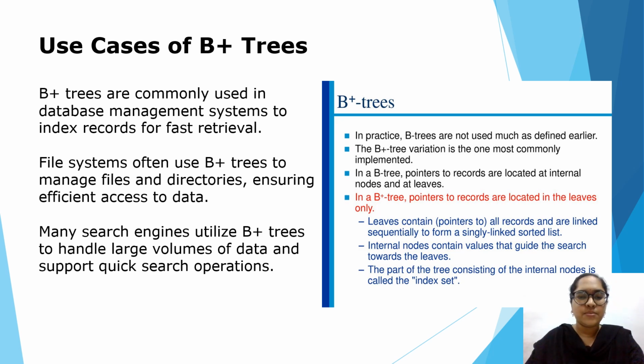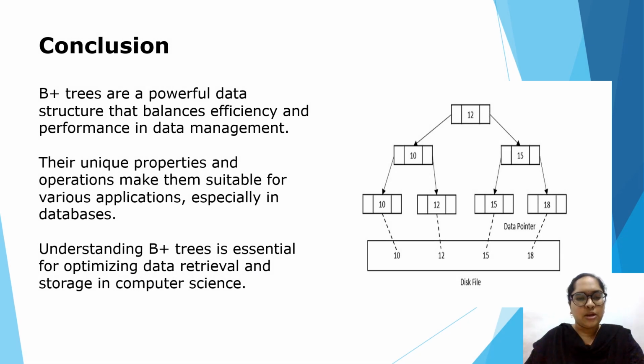And next, conclusion. So let us once recall the points that we have discussed in our presentation. First of all, a B plus tree is an efficient data structure which consists of nodes, and these nodes are connected through links.